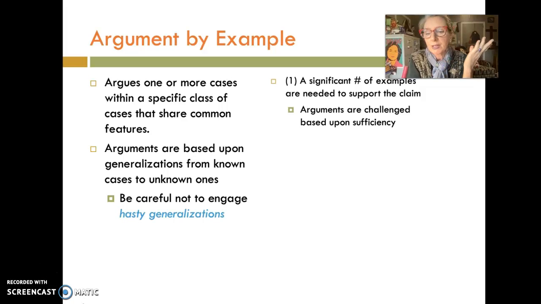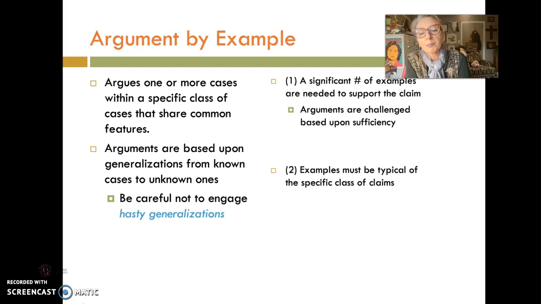You can't just say one dairy is doing it. You have to show a consistent pattern, in the way dairies are managed or the way dairy production happens with the cows and the food that they eat, et cetera. There has to be a number of examples to show that what you're arguing is actually a fact.